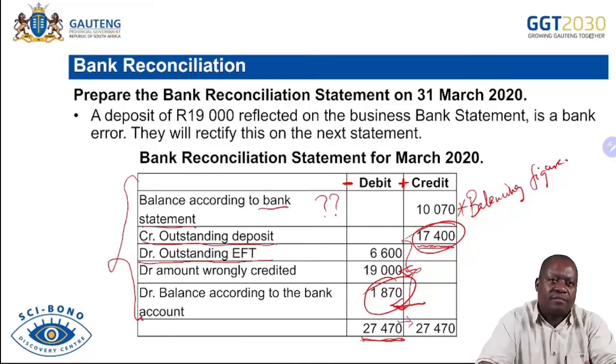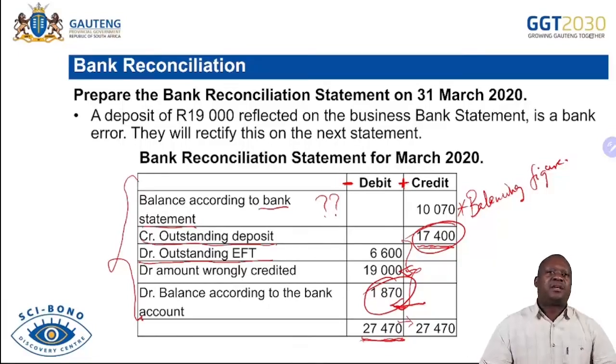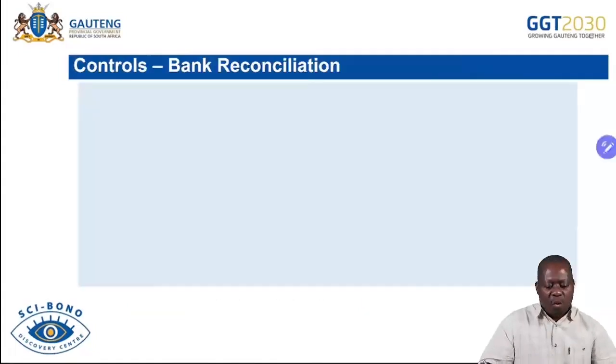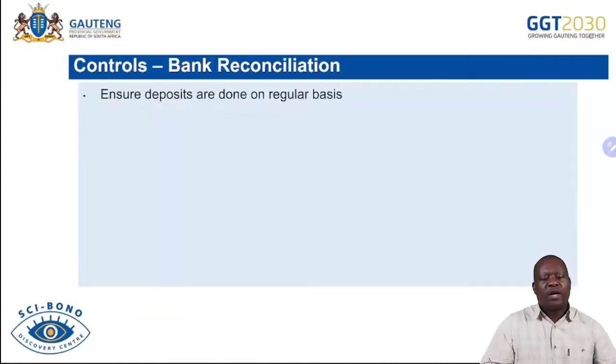Very important. Now, we are moving on to the last aspect of today's lesson, where we are looking into issues of internal controls when dealing with bank or when dealing with cash.